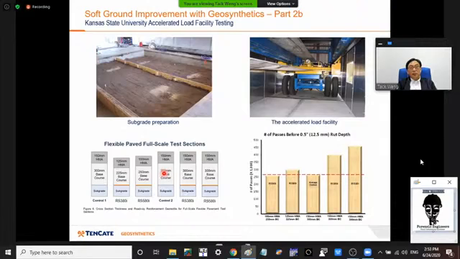Another example of a test program is at Kansas State University. This is for a paved road section, comparing different combinations of thicknesses of different materials.